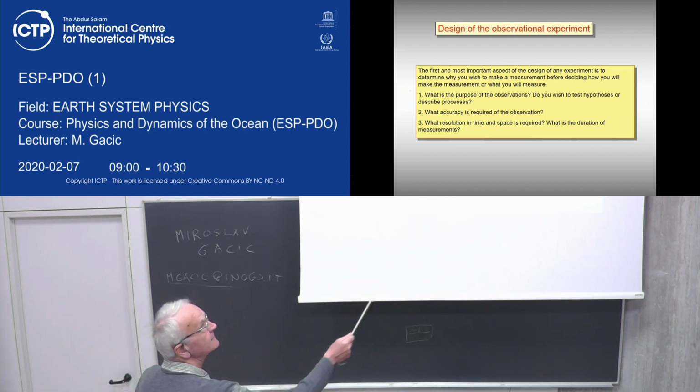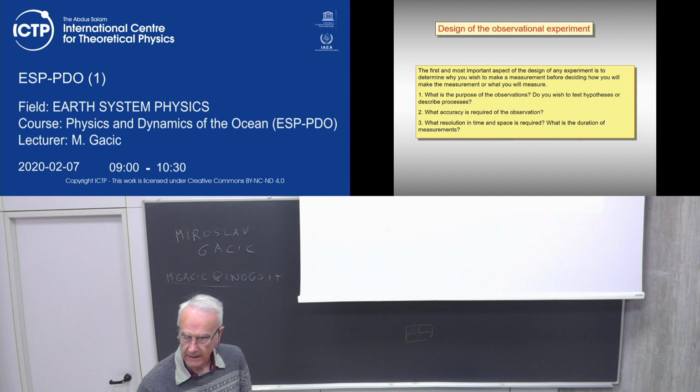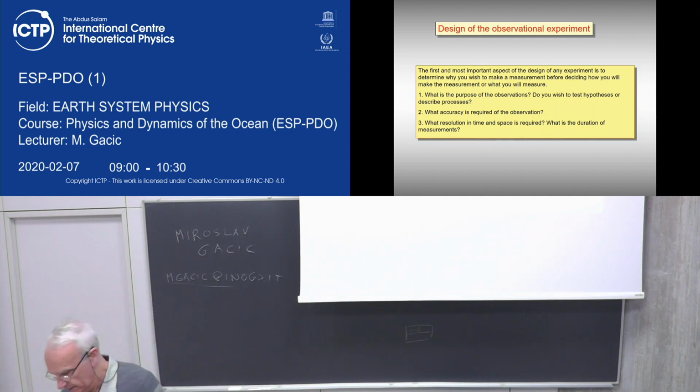What accuracy is required by the observation? This is what I told you before. If you want to measure temperature in an area where we know that the variations of temperature on a spatial scale are on the order of a degree, I don't have to have measurements with an accuracy of 1/10 of a degree.